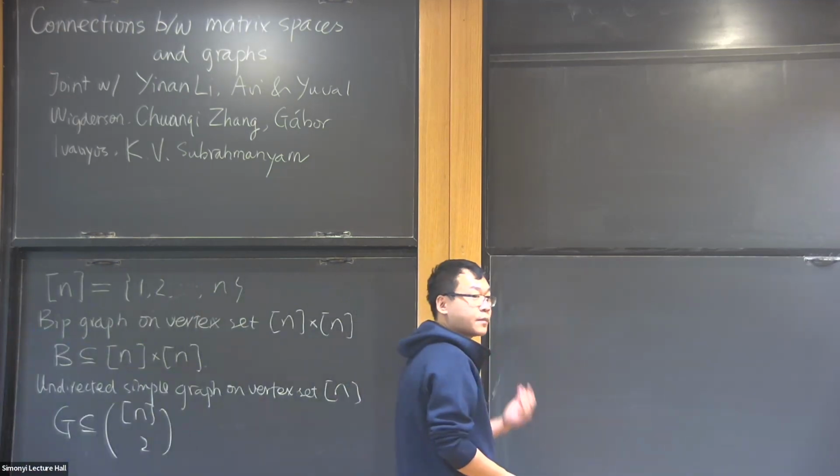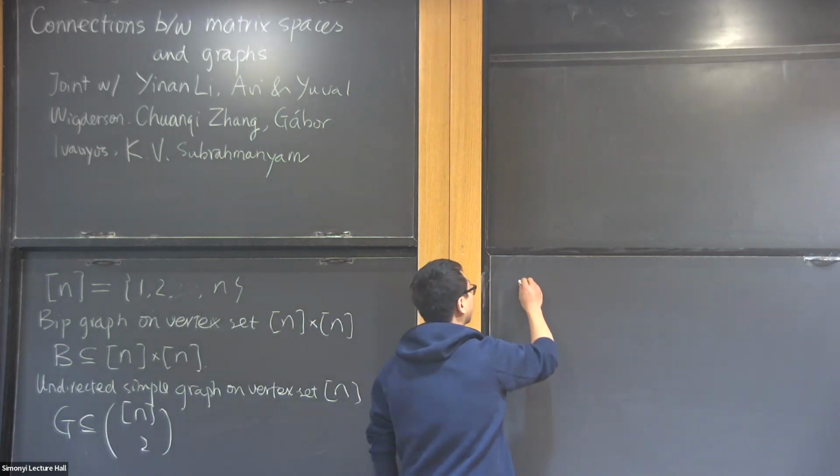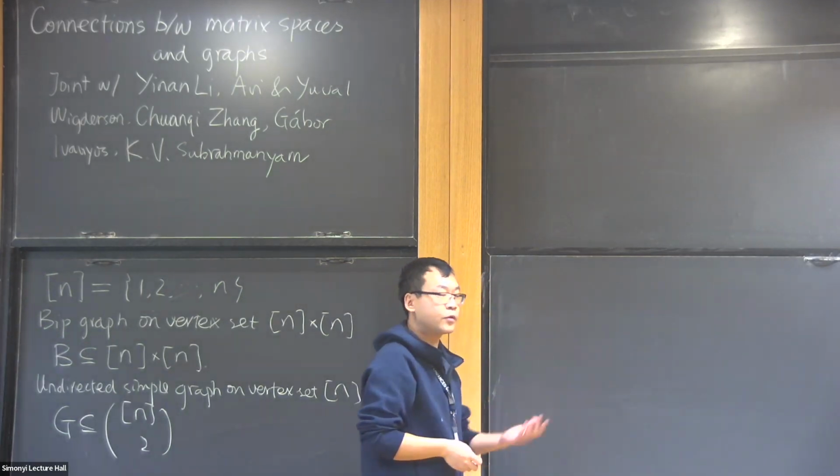And then about matrix spaces, right? A matrix space is a linear space of matrices.